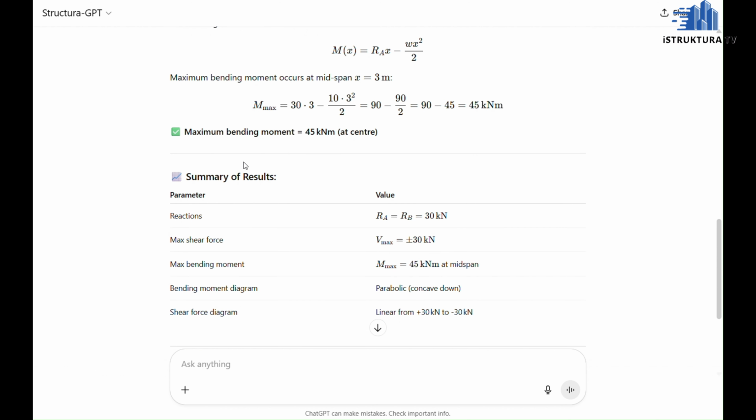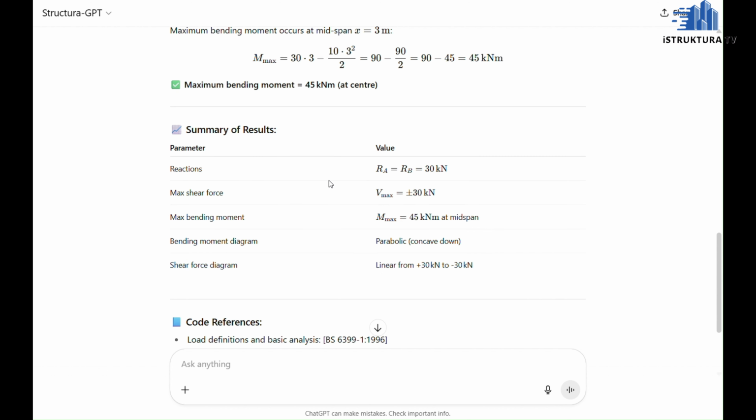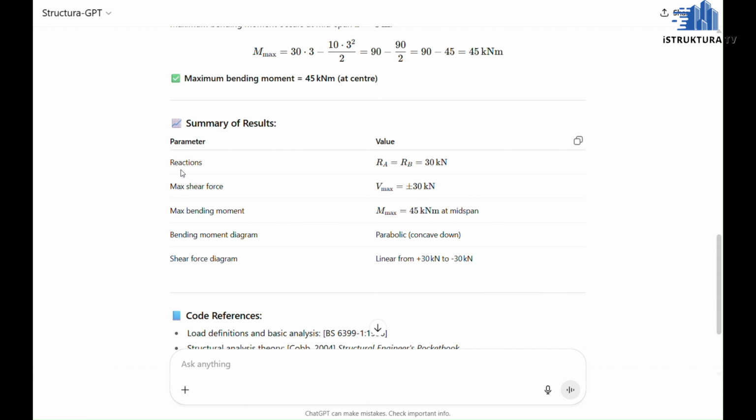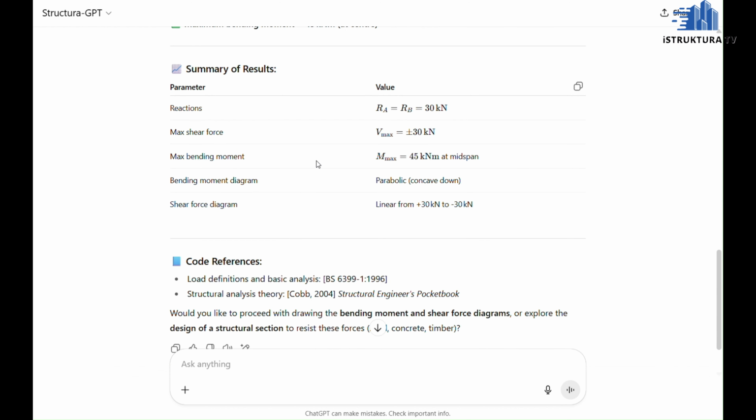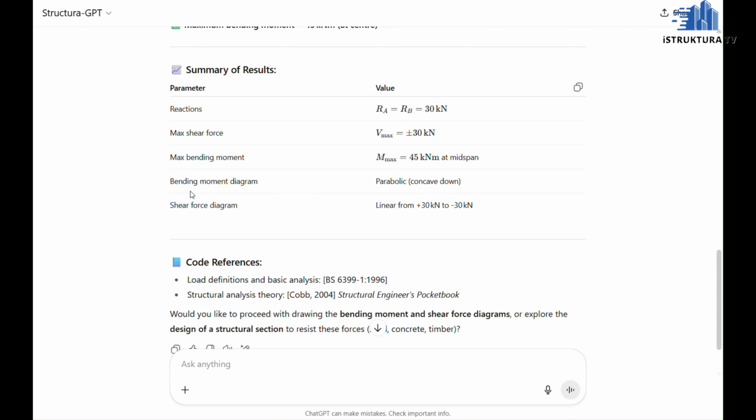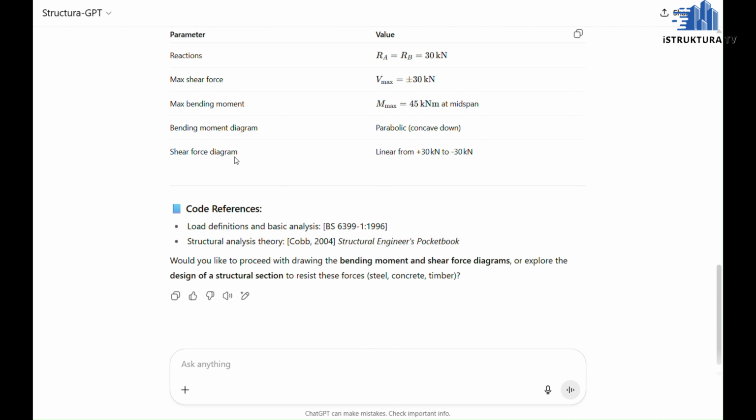Same thing. And it gives a summary of the reactions, maximum shear, and maximum bending. It says here also that the bending moment diagram is parabolic or concave down, and the shear force diagram is linear from plus 30 to minus 30 kilonewtons.